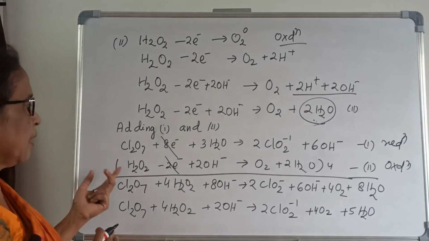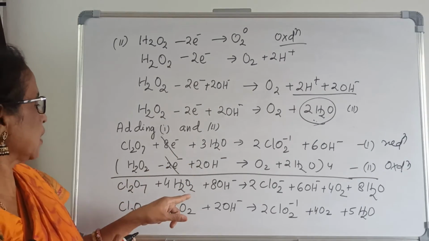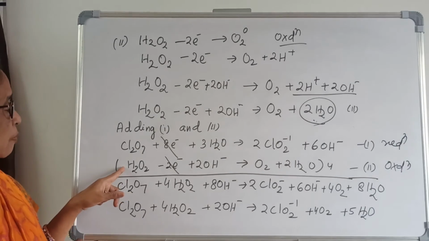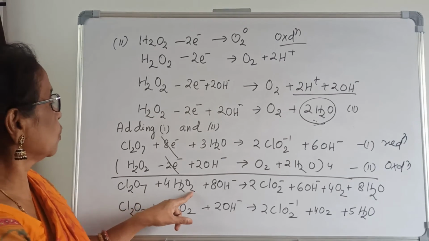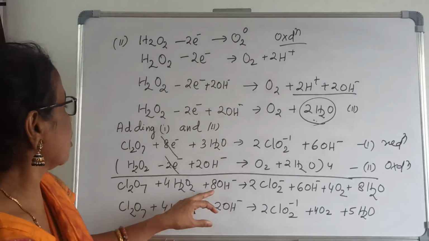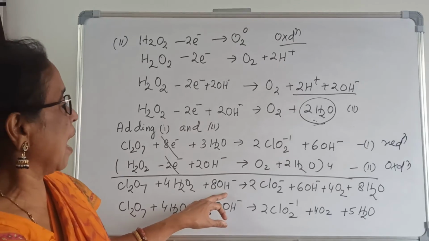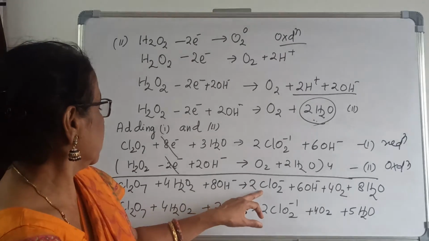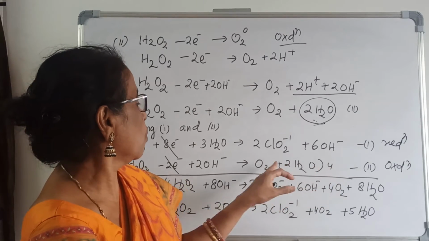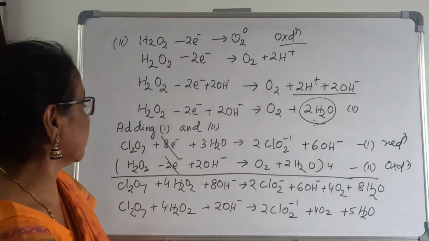After that we can add Cl2O7, 3H2O, and 4 times hydrogen peroxide, 4H2O2, and now 2OH minus, putting 2 into 4, 8OH minus, and now 2ClO2 minus, 6OH minus, 4O2, and 4 into 2, that is 8 water.